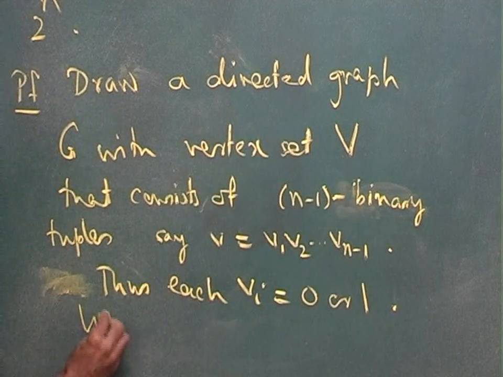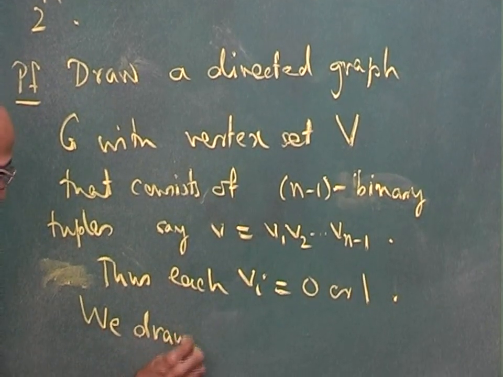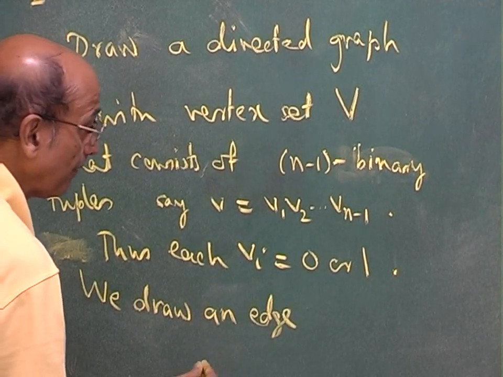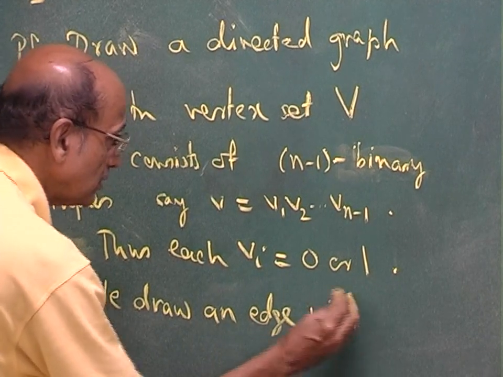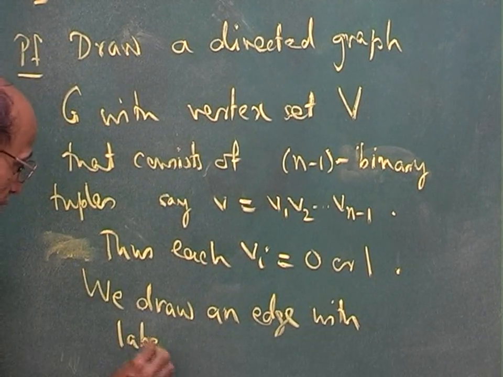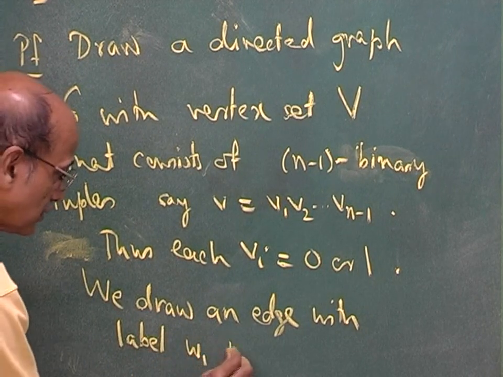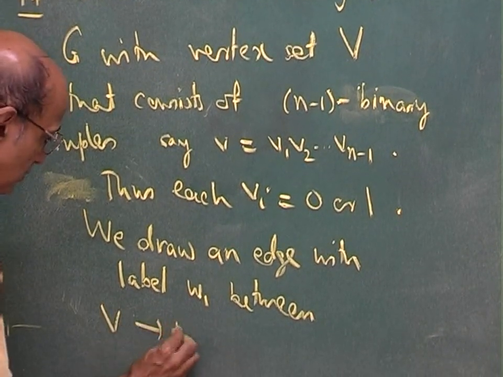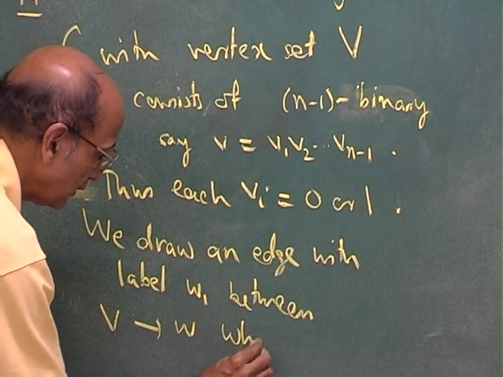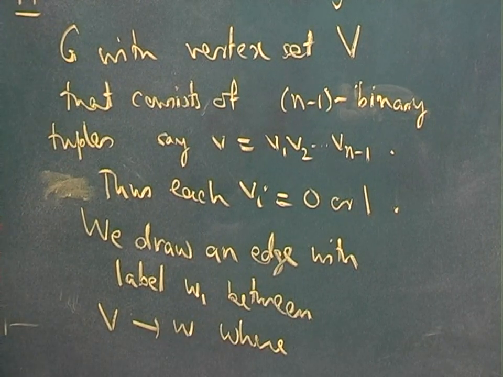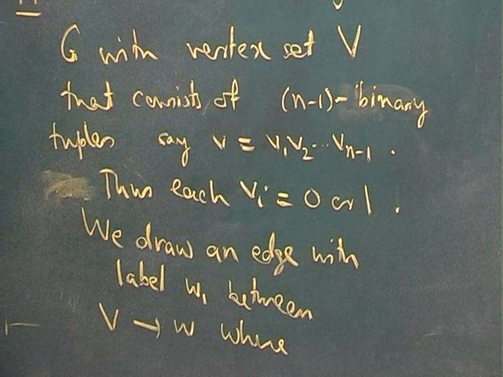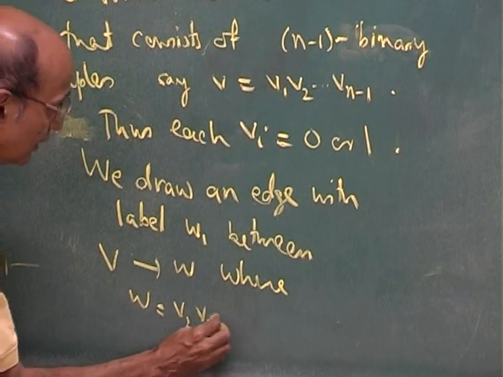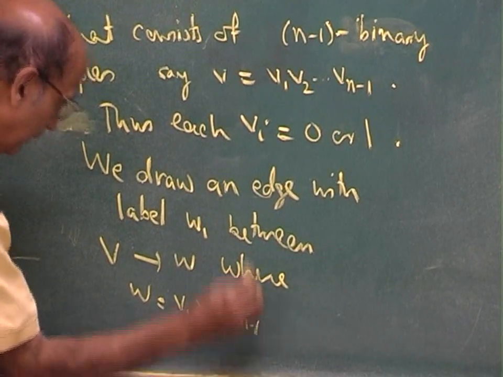We draw an edge with label from V to W, where W is V2, V3, etc. up to Vn minus 1, W1.